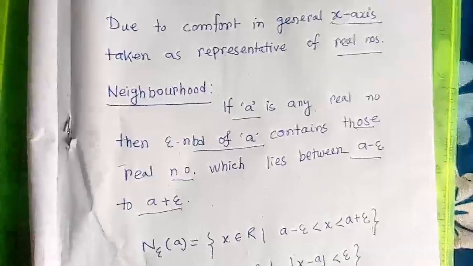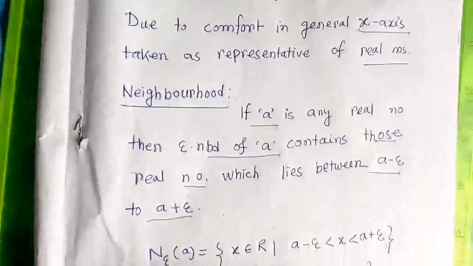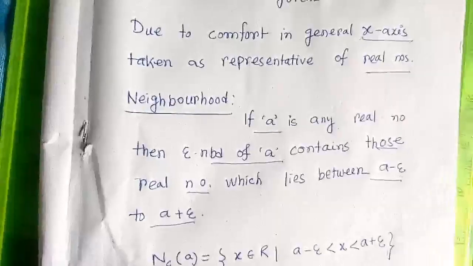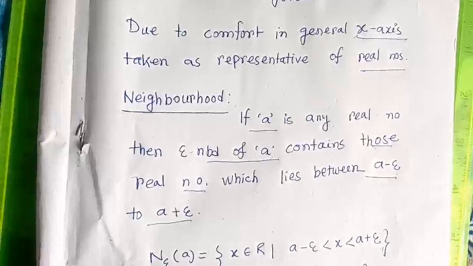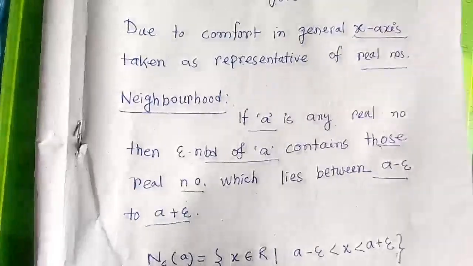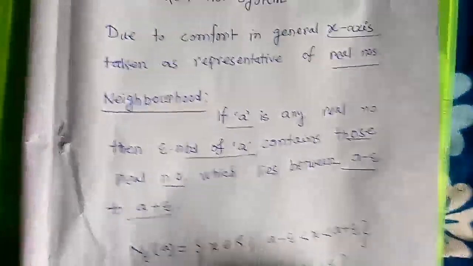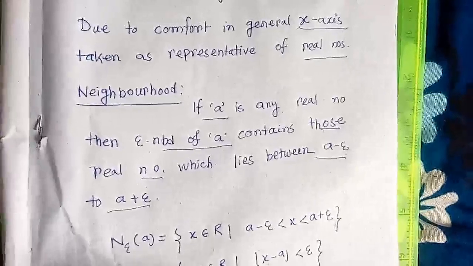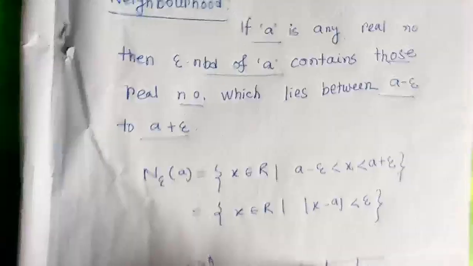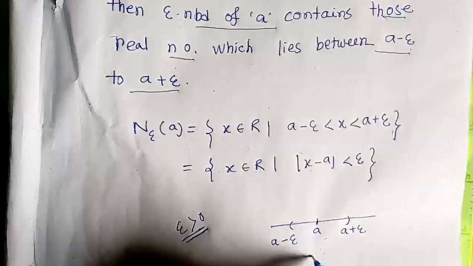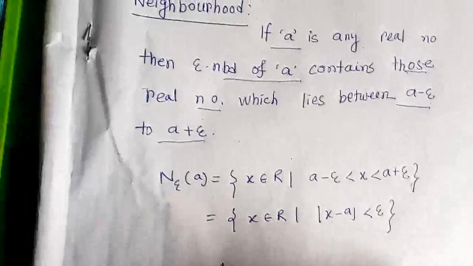Suppose A is a point. The neighborhood of A is defined for any epsilon greater than 0, where epsilon is an arbitrary number: A, A minus epsilon, A plus epsilon.